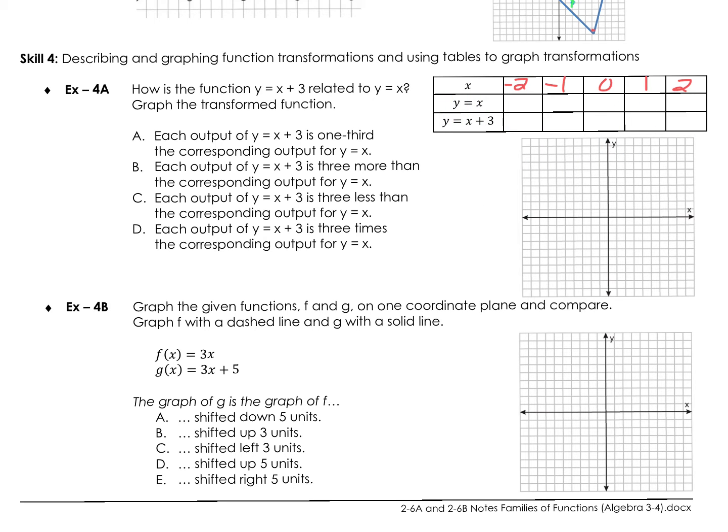So I'm going to put my parent function in an orange color. Since this row represents my y values, since x is equal to y, then there's no change. So I would have -2, -1, 0, 1, and 2. And so I'm going to plot those points on here, and I'm going to try to make this bigger.